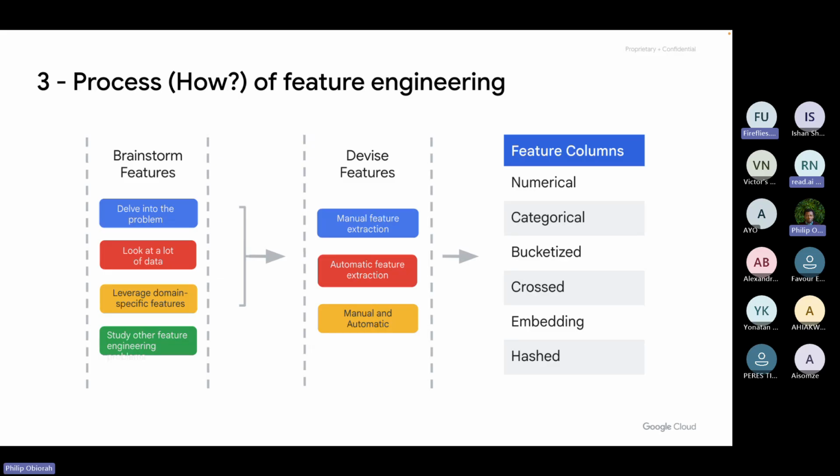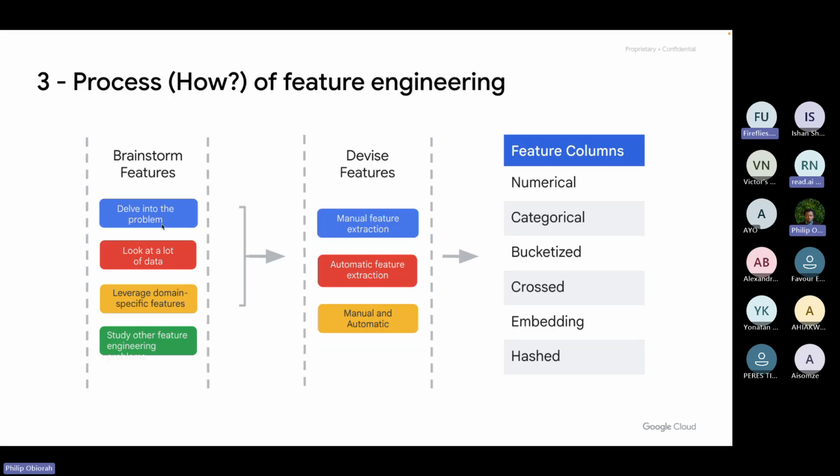So first of all, you have to brainstorm and of course explore the data. Look for spots, look for patterns or abnormalities, and then if you have domain knowledge, you can leverage on it. All right. Then you can study other feature engineering problems.